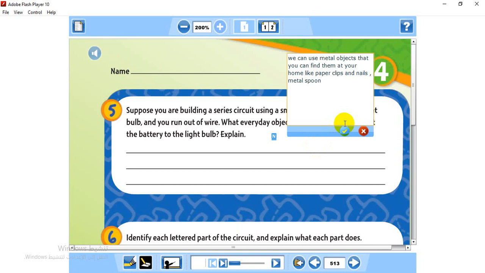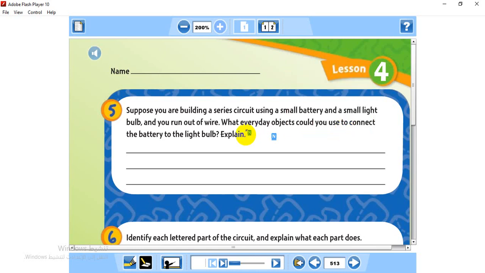All of these are examples of metals or objects that you can find to make a series circuit. Okay guys, and much better if you draw the circuit before writing the information that I give you here.